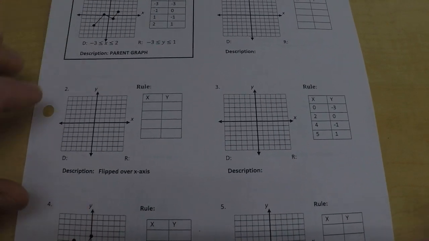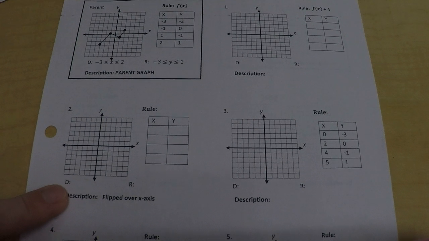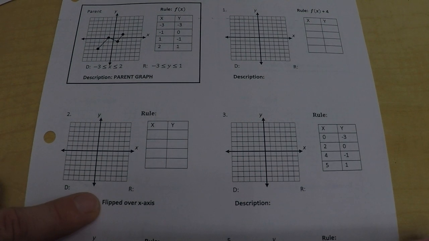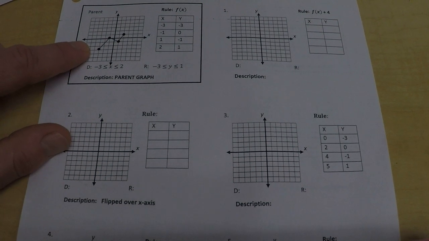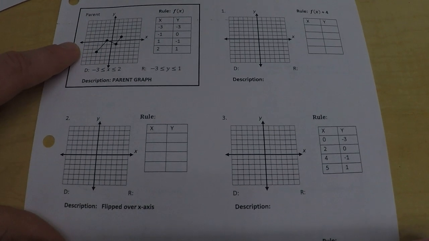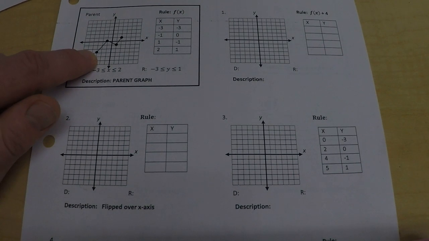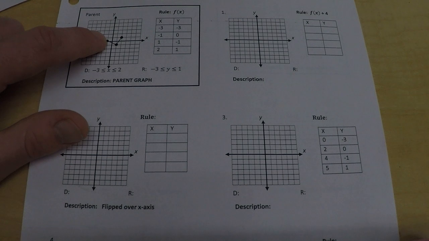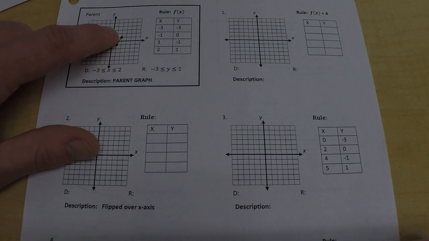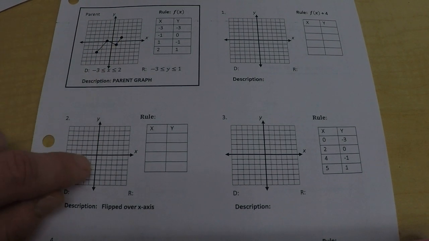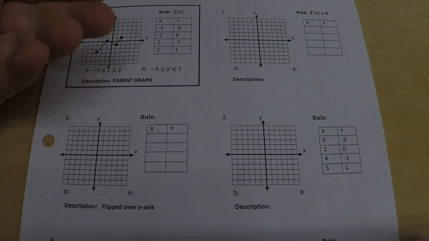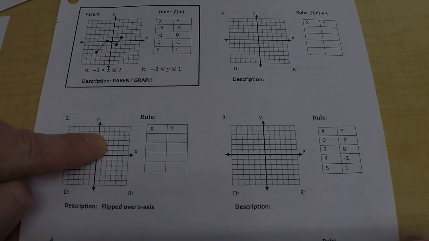On this one, you're told that the parent graph has flipped over the x-axis. So all you need to do is take all of these points, and if they're below the x-axis, it flips that many spaces above. If it's on the x-axis, it stays. If it's below, it flips above, and if it's above, it flips below. So you're going to draw this thing flipped over the x-axis here.